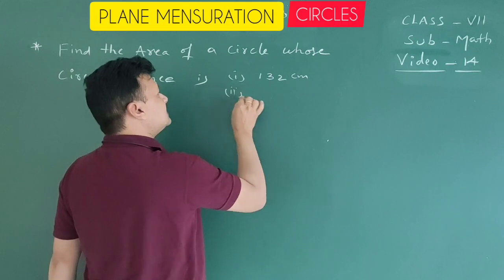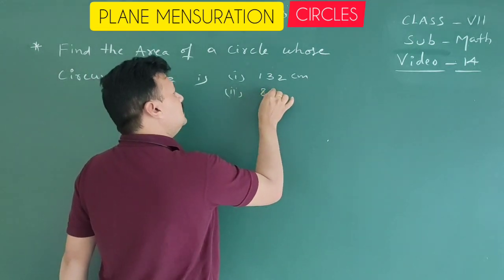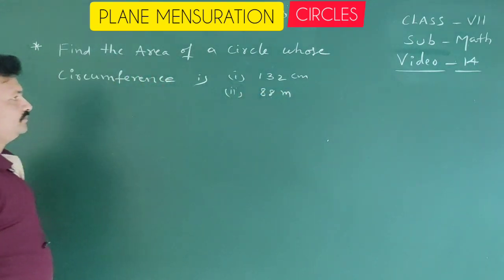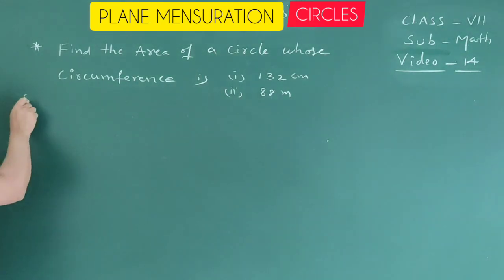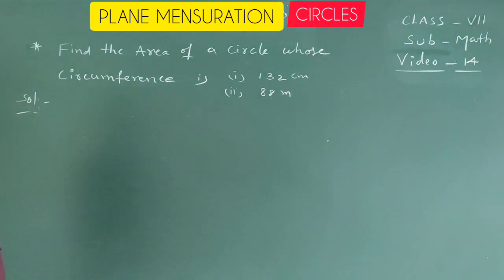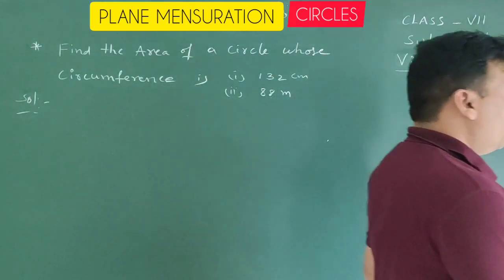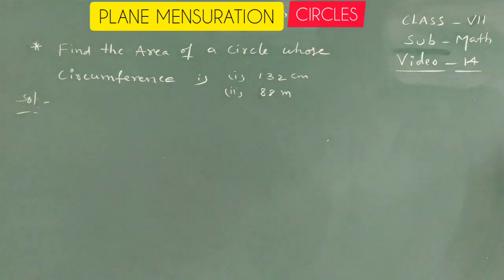In the second case, 88 meters. Okay, we need to find the area of the circle when the circumference of the circle is given.